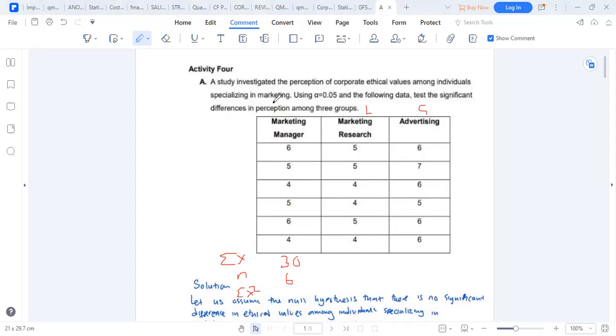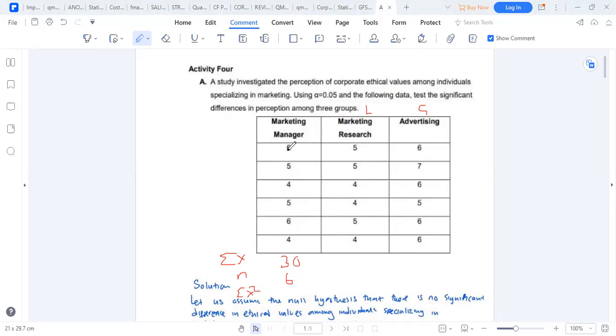Then I zoomed out. Okay, so I'm saying this question is what we want to try. It's coming. So you need to just see what's supposed to be done. Whatever I'm going to do in the first row, you try to do it in the second, and the gents will do it in the third, so that we move fast. So the first thing is you sum. 6 plus 5 plus 4 plus 5 plus 6 plus 4, we get 30.